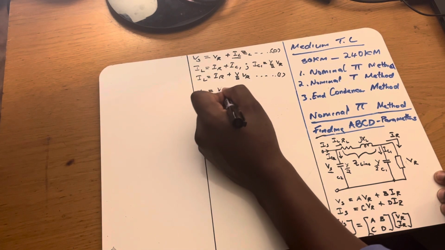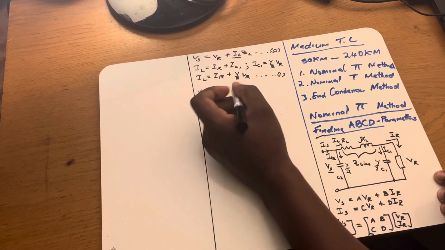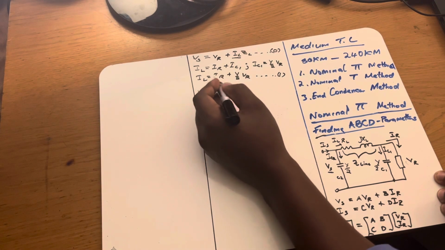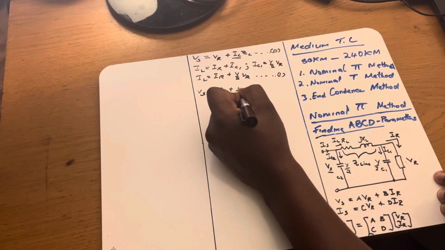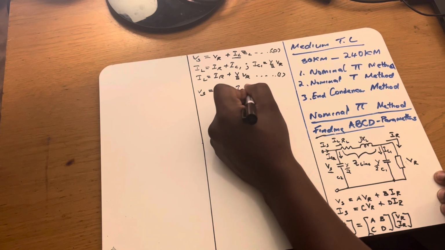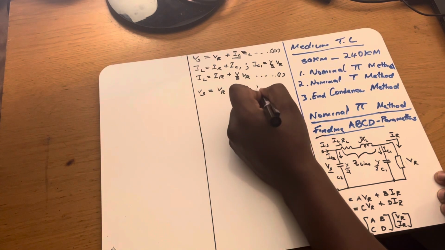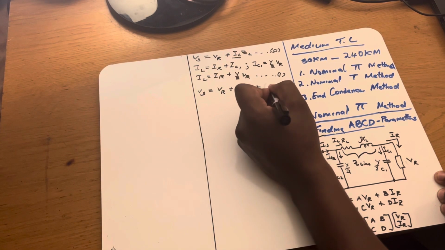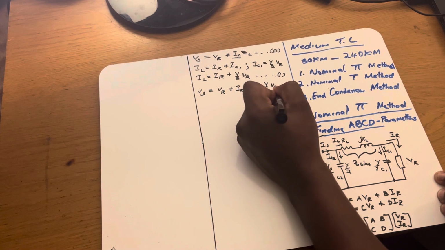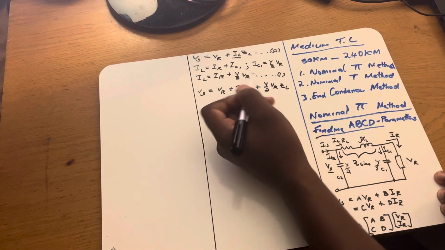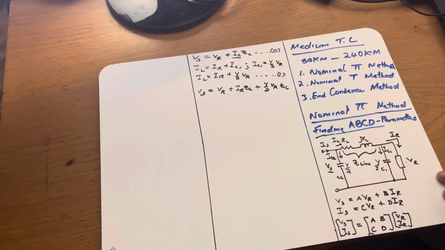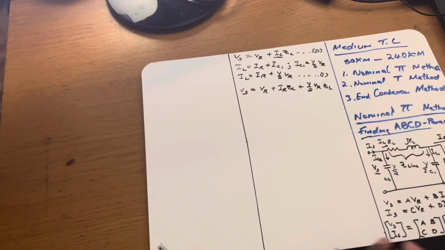So IR times Z line plus Y over 2 VR times ZL. Okay, so that's what we have right now.